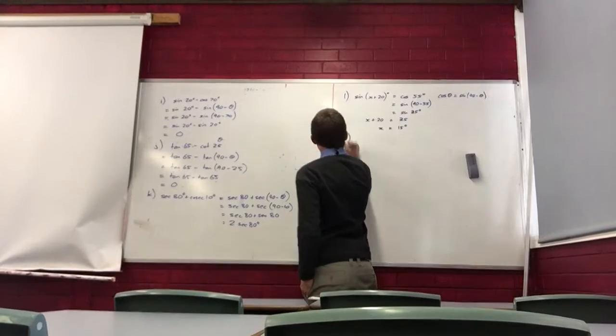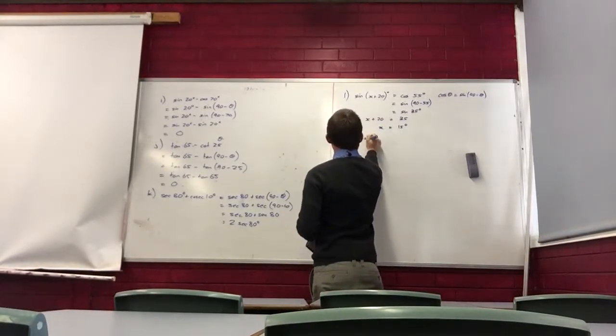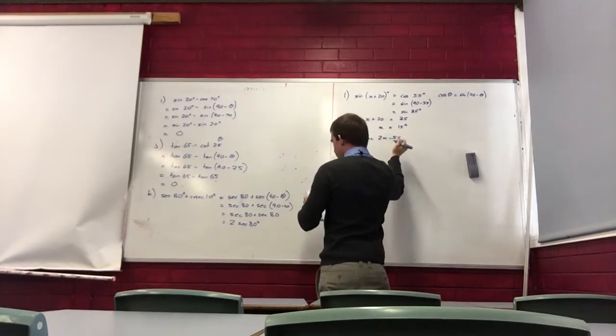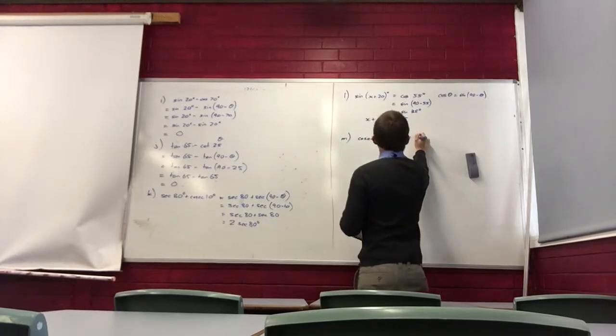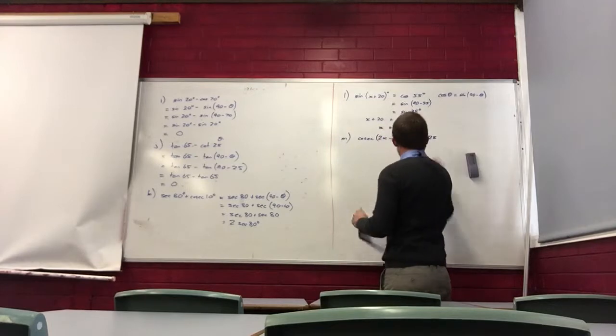Right, cosec of 2x take away 56 degree, which is equal to sec of 28 degree.